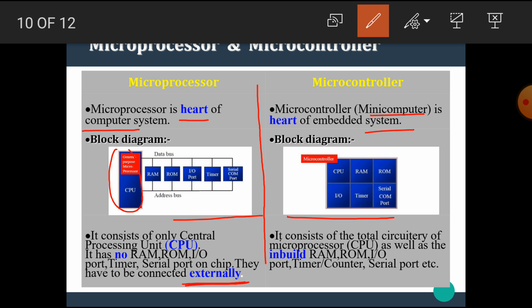The word externally is very important here: all the RAM, ROM, input output port, timer, serial communication port are not present on the microprocessor. They need to be connected externally through address bus and data bus. But in microcontroller, it has the total circuitry of microprocessor as well as inbuilt RAM, ROM, input output port, timer counter, serial port, etc.